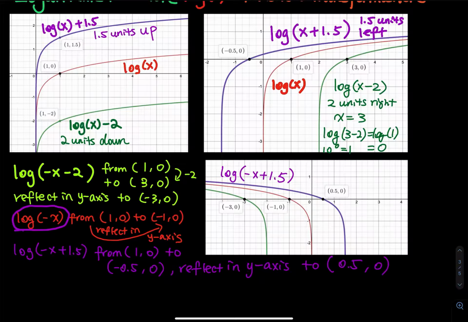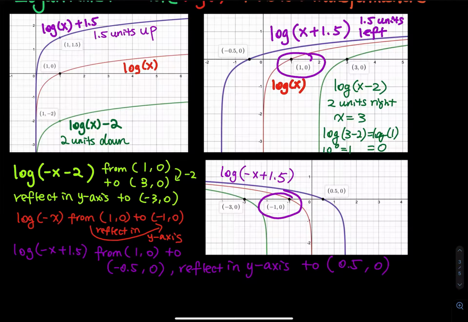Now, what reflection? It was like that. Once you create a reflection, it doesn't go like this. It won't just reflect like that. Actually, the point on the x-axis just jumps from 1, 0 to negative 1, 0.